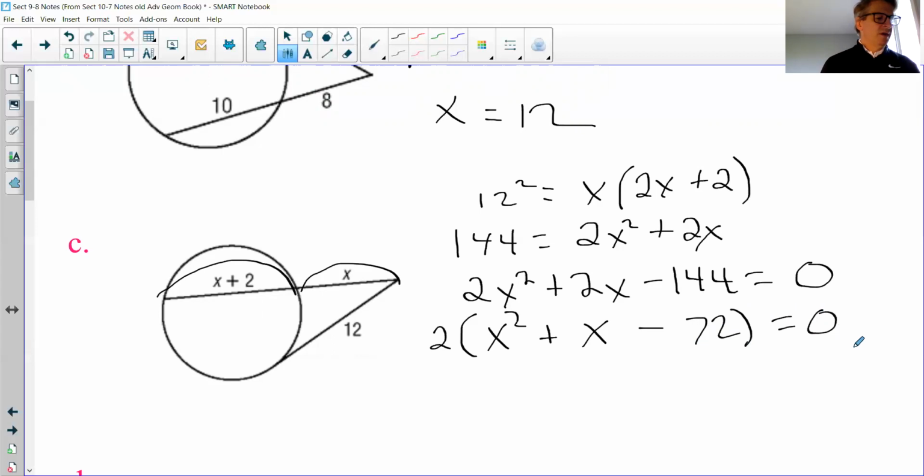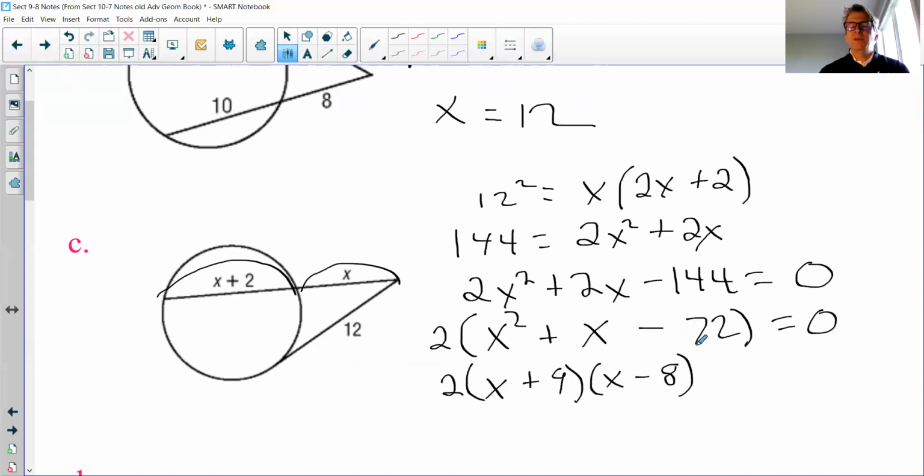Now you can see the answer kind of pop out at you with this negative 72, and that is 2 times x plus 9, x minus 8. Two numbers that when you multiply them together, get you negative 72, that when you add them together, you get a positive 1.